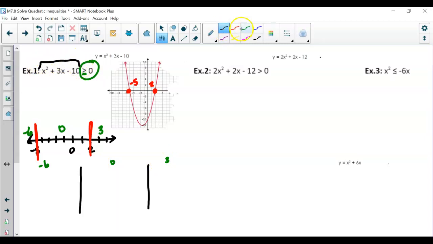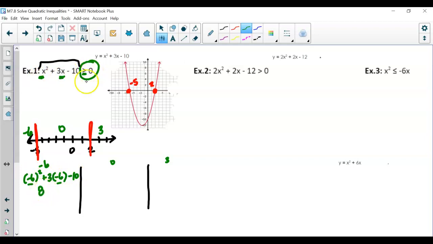So here we go. Using the original, we're plugging in for x. So negative 6 squared plus 3 times negative 6 minus 10. Again, we're plugging negative 6 in for x here. Now when you simplify, you get 8.